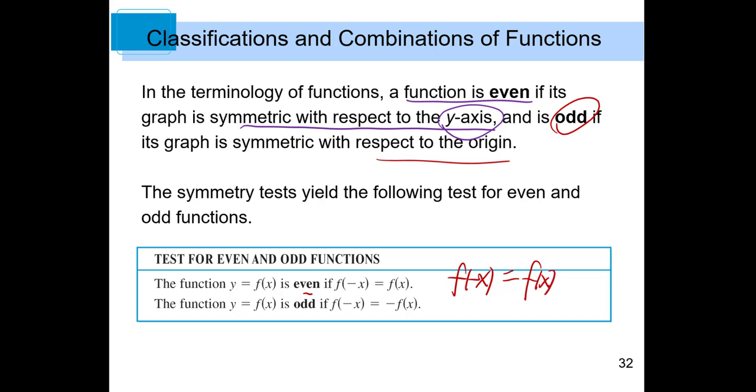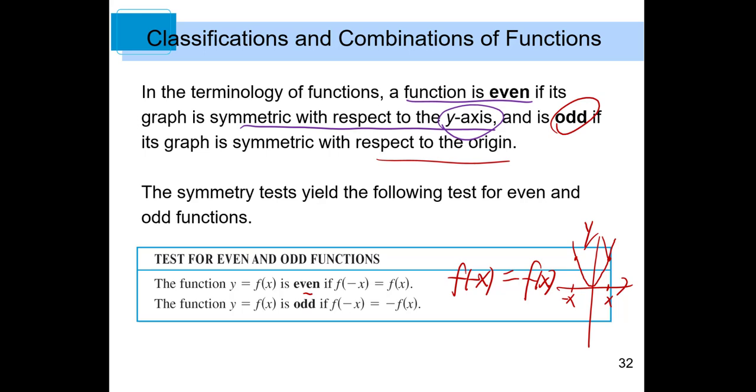Here, x becomes the opposite, but the y values are the same, right? So this point here, the x value becomes negative x. That's why it's symmetrical with respect to the y-axis.